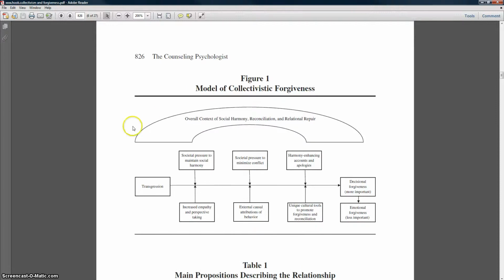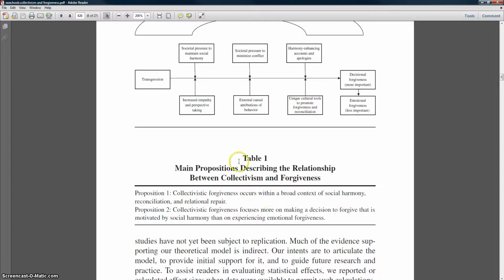So he's got a nice little figure that summarizes everything that's in the paper here. He's got a table with his two propositions. So collectivistic forgiveness occurs within a broad context of social harmony, reconciliation, and relational repair.